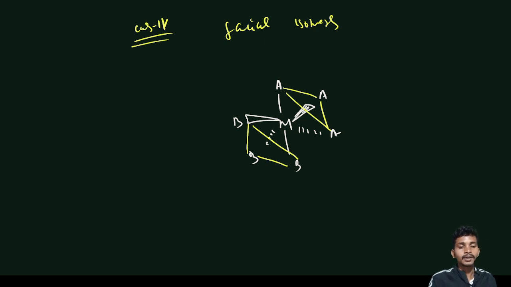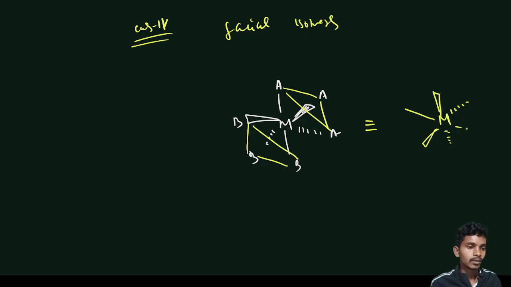So these are facial structures. I can draw this one like this. If I draw A, I just tilt it a little bit. So this A, this is B, this is B, this is B.